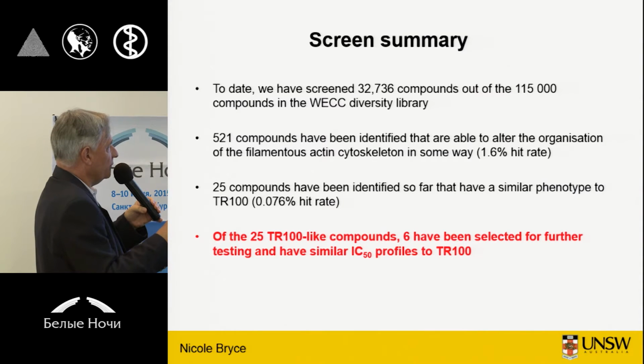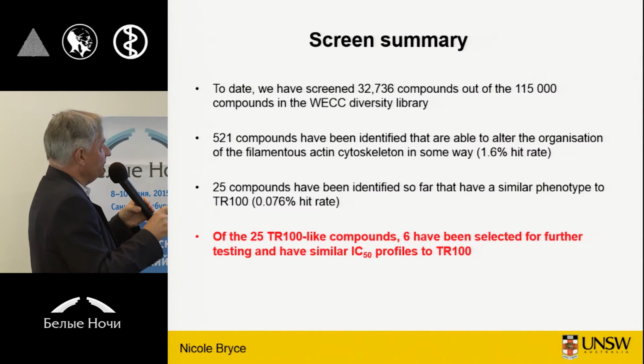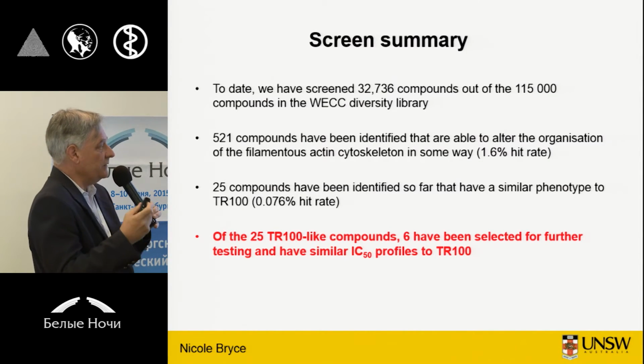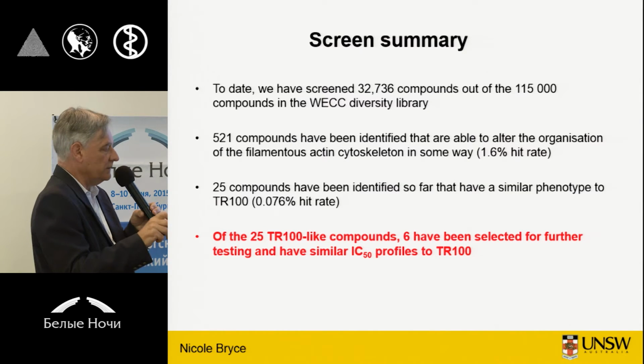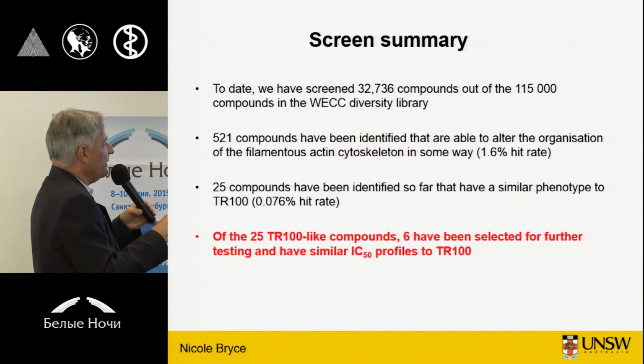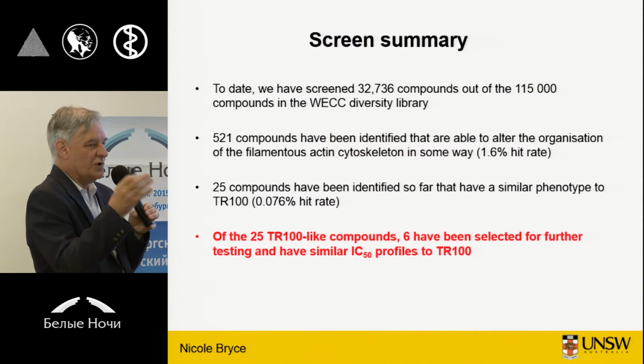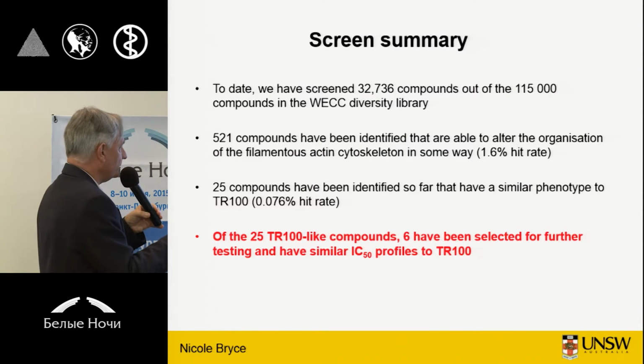We've so far screened almost 33,000 compounds out of the 115,000. We've identified 521 that impact the organisation of the actin cytoskeleton, and in fact we have 21 different types of impacts.